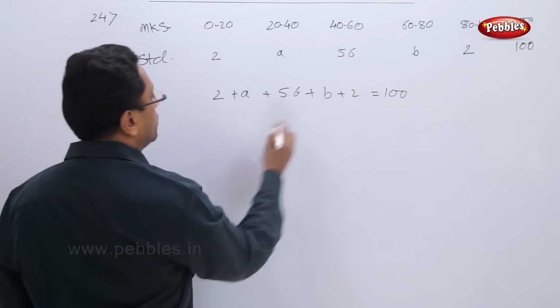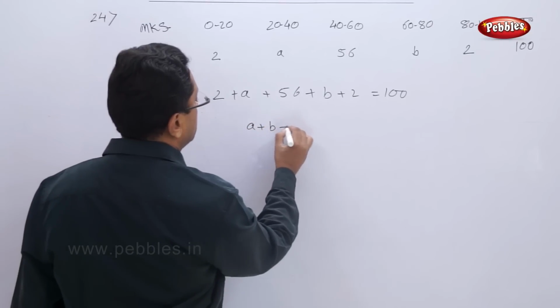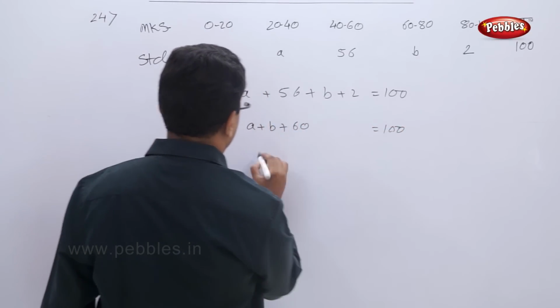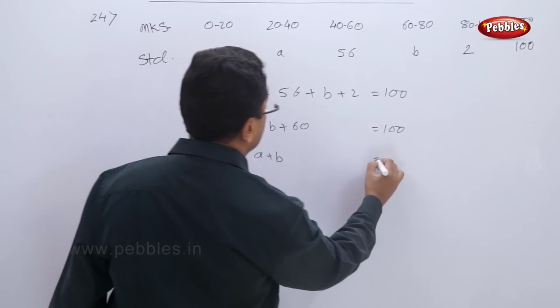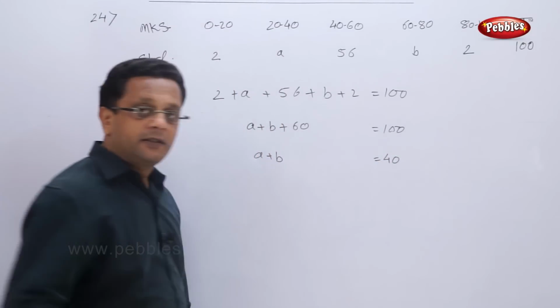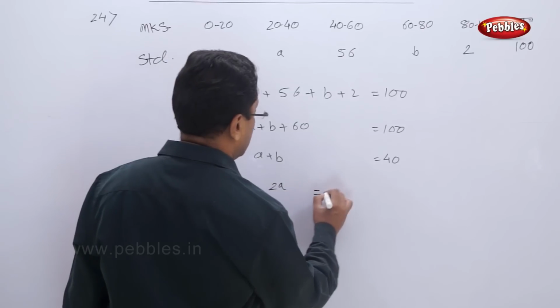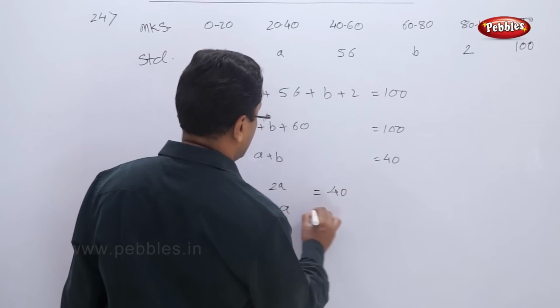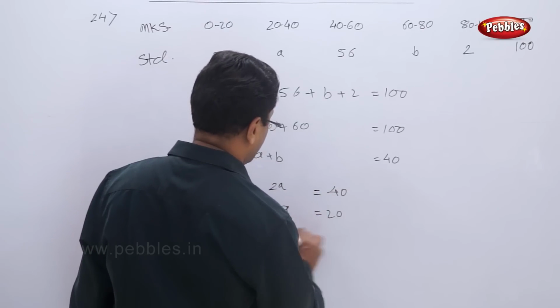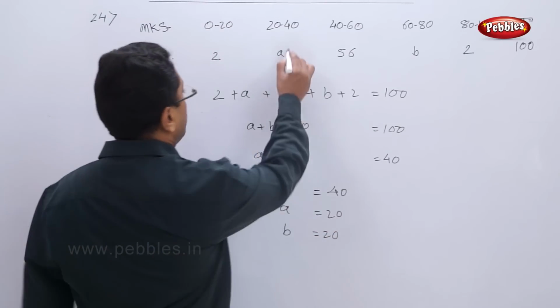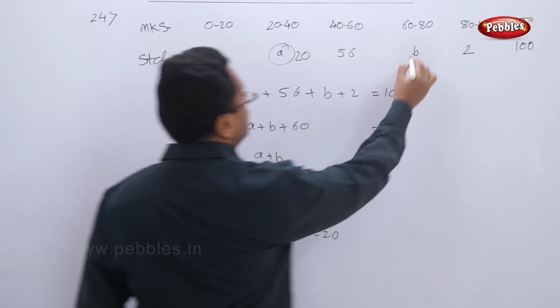So 56 plus 4 plus A plus B is 60 plus A plus B equal to 100, and A plus B is equal to 40. Since A and B are the same, 2A is equal to 40, so A is equal to 20, and B is also equal to 20. So now we have found the values of A and B.